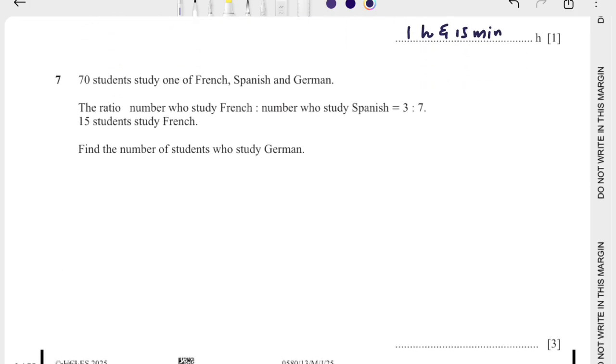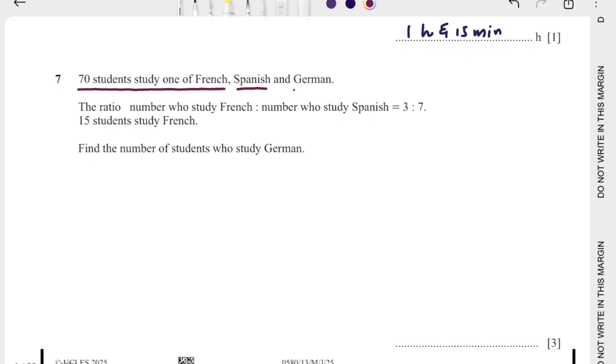Question number 7. 70 students study one of French, Spanish and German. The ratio of the number who study French to the number who study Spanish is 3:7. 15 students study French.